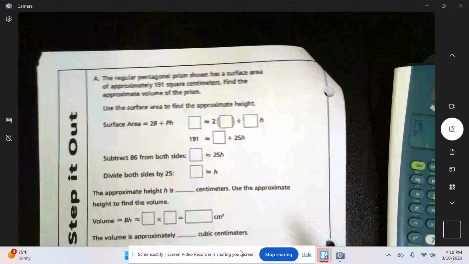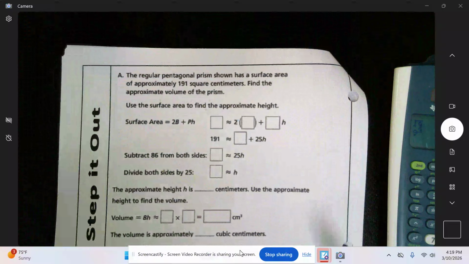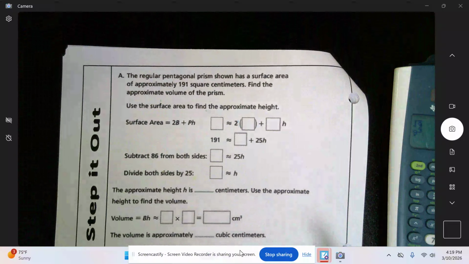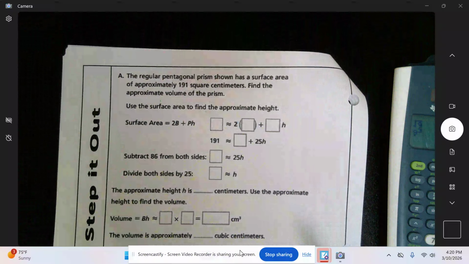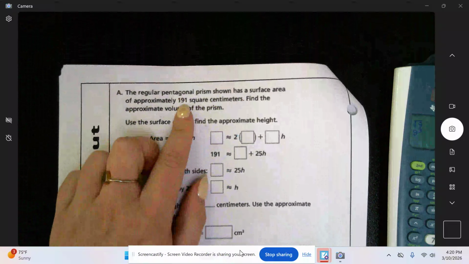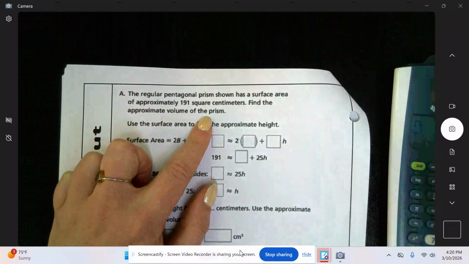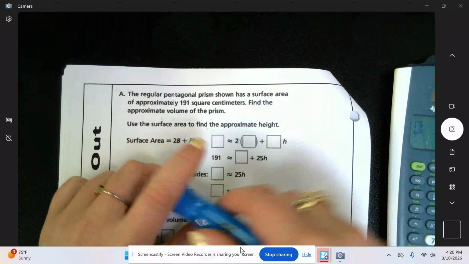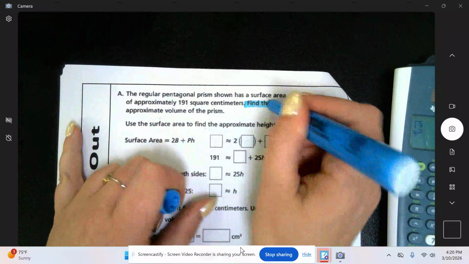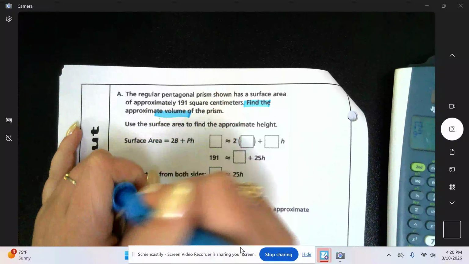So if we look here at part A, it says the regular pentagonal prism shows a surface area of approximately 191 square centimeters. Find the approximate volume of the prism. So we are finding the volume.